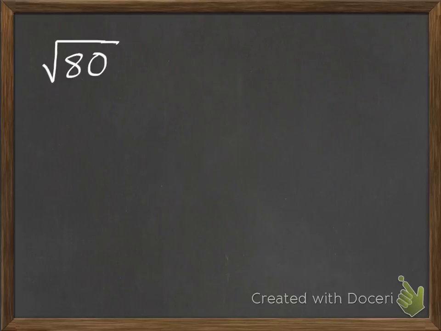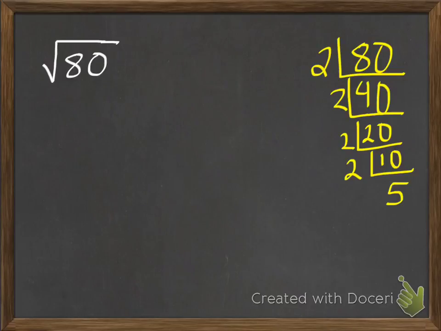So let's look at the square root of 80. I want you all to do your upside down factor tree. Check to see if you match what I have. Okay, what do I have in sets of 2? Well, I have a set of 2 2's and another set of 2 2's.